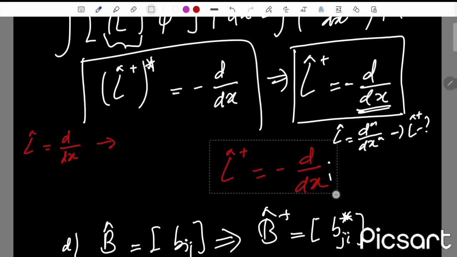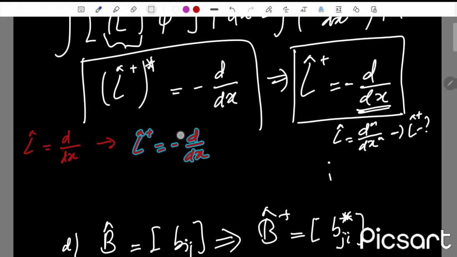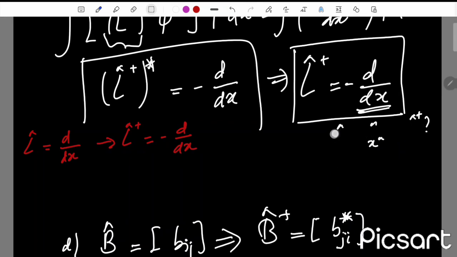Again here I can do the same thing. Okay, so now I have more space here.